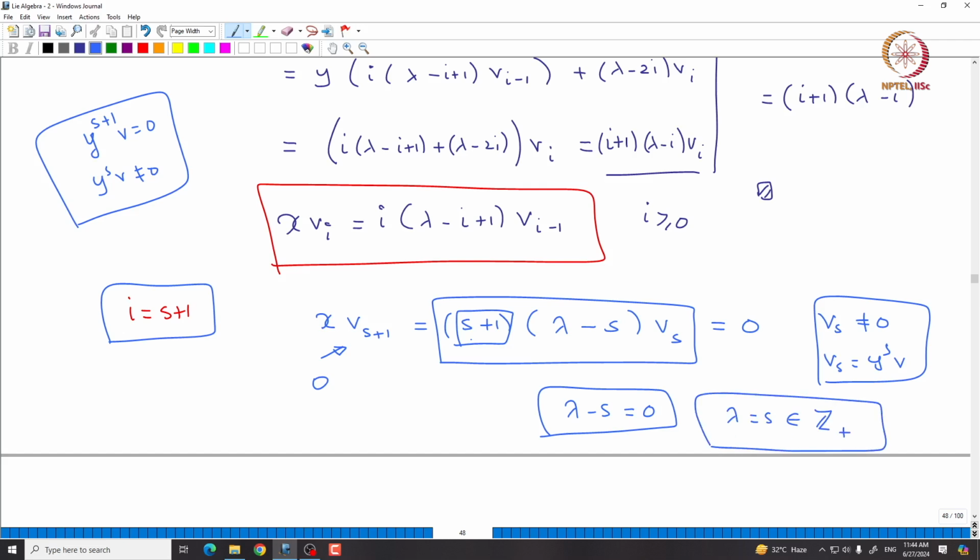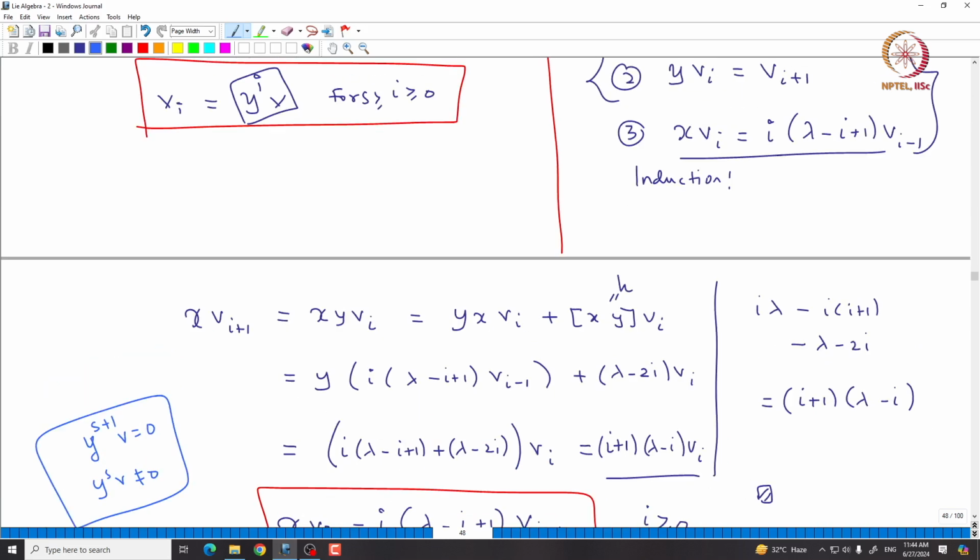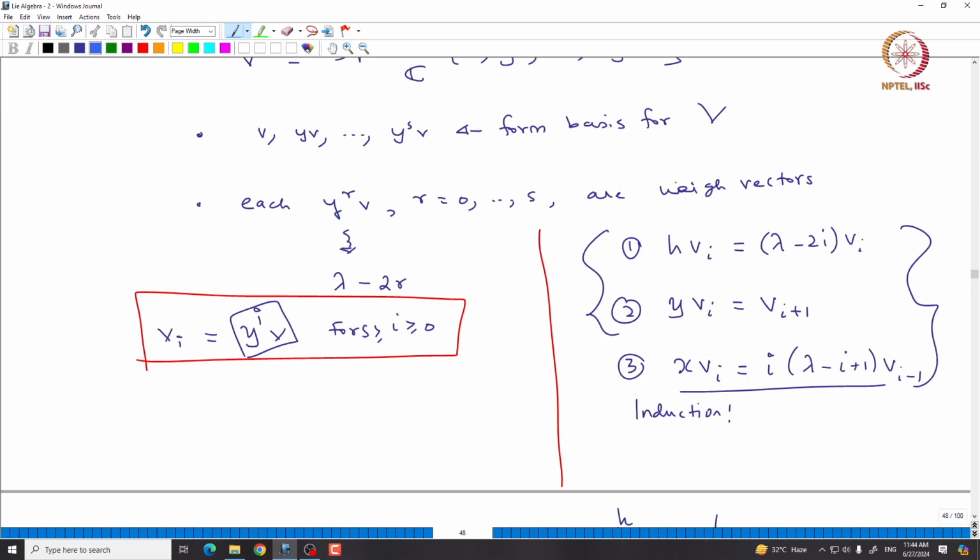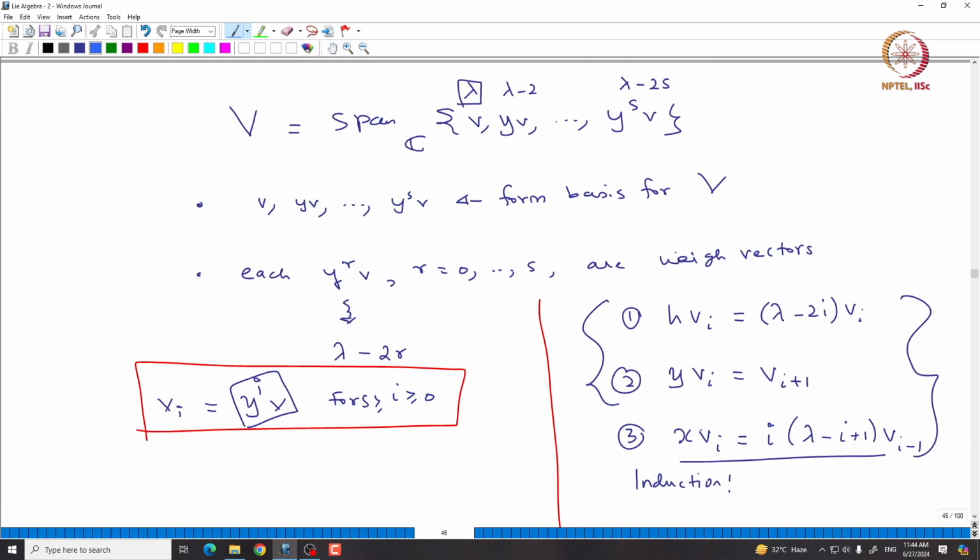This is a very important observation that we make when we analyze this irreducible finite dimensional representation. But how can one associate this s with the irreducible representation v that we started with? Note that the dimension of v is nothing but s plus 1. So s can be obtained by dimension v minus 1.